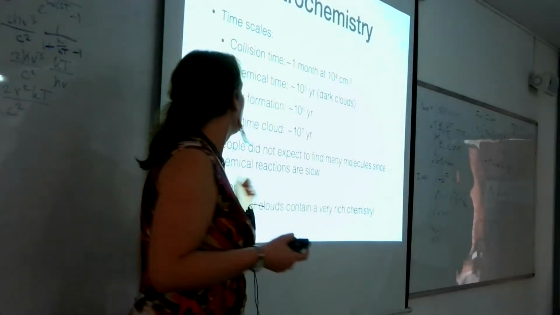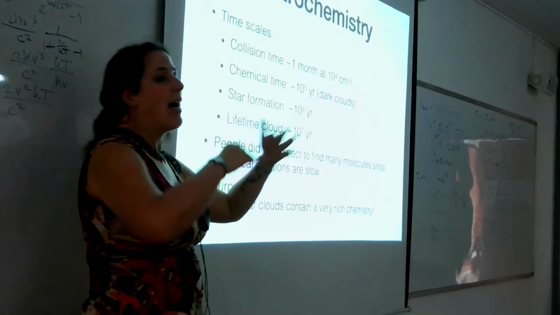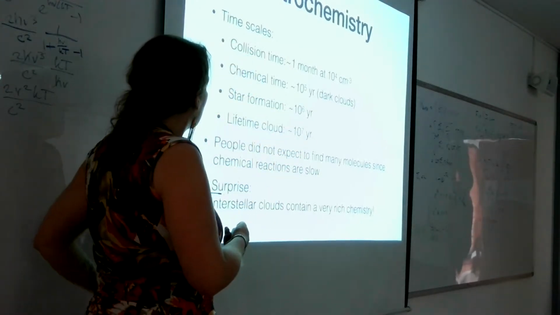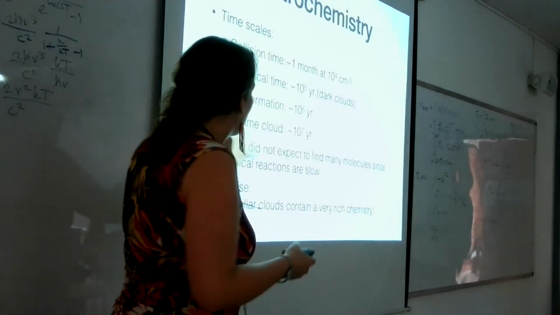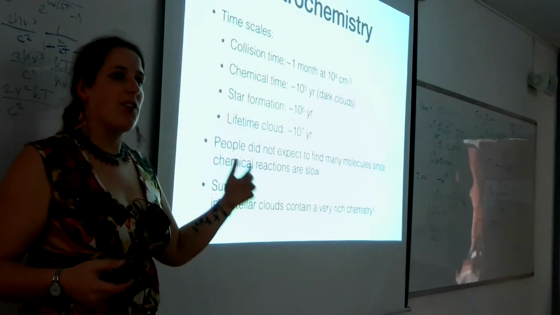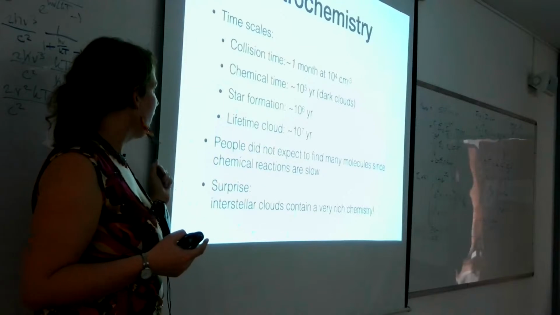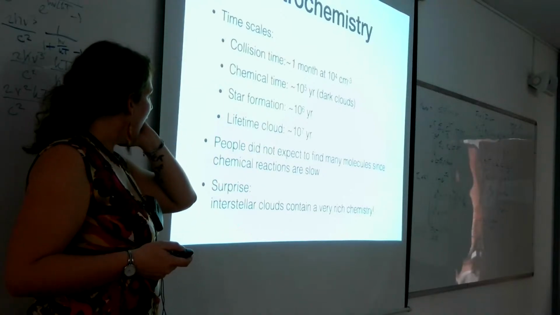Molecules don't collide very often. That means that the chemical time, the time that it takes to change the chemical condition, is like 10 to 5 years. And then star formation and the lifetime of clouds is on the order of millions of years. So chemical timescales are relatively short compared to the objects that are looked at.